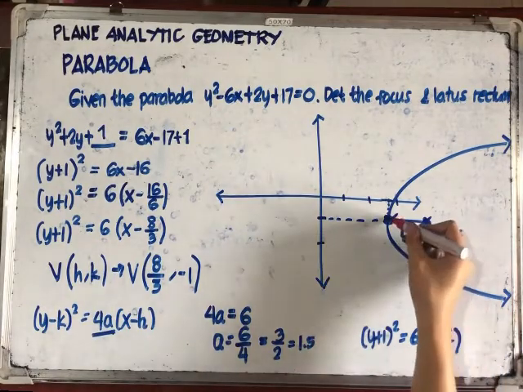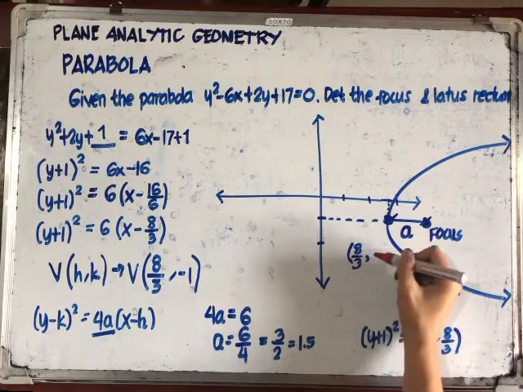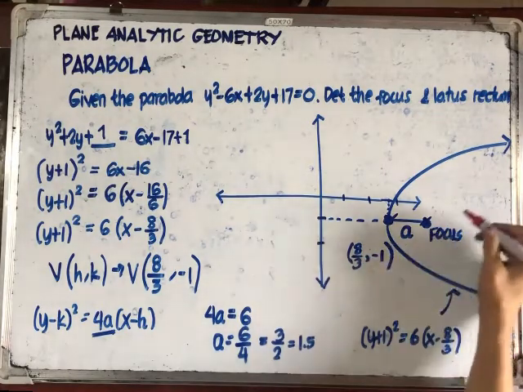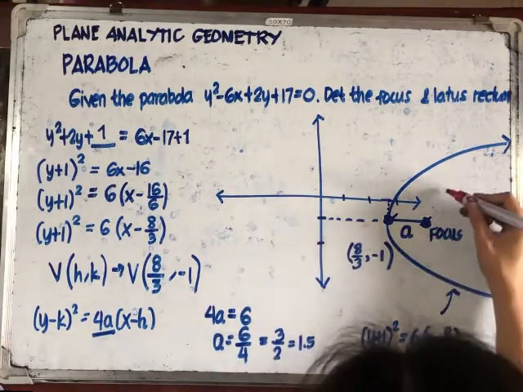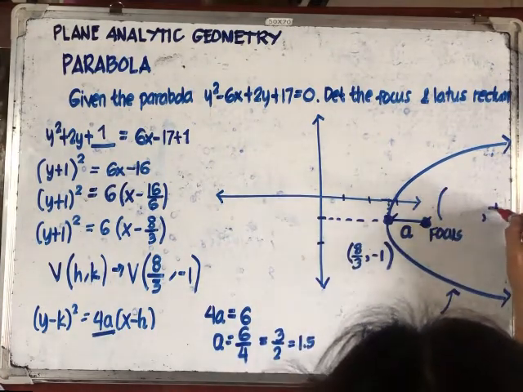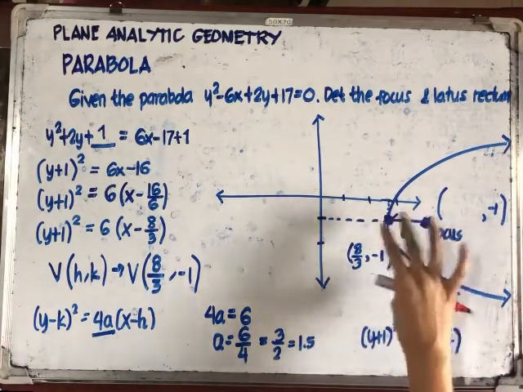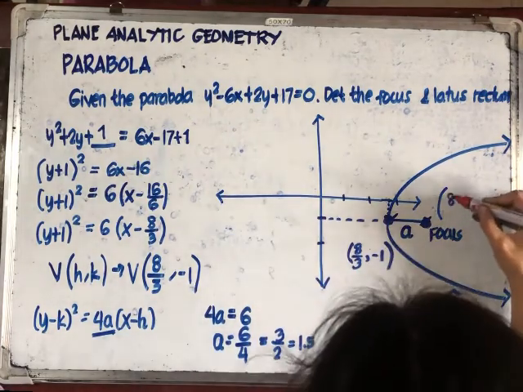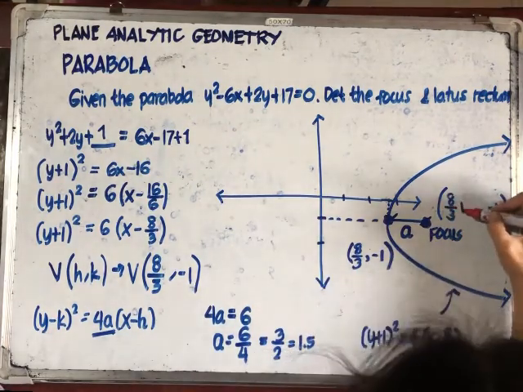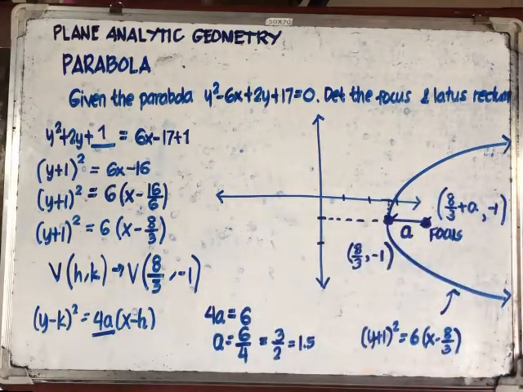So, if itong point na to is defined by 8/3, -1, okay, how could we determine the focus? Surely, ang focus natin, ano din siya, di ba? -1 din ang kanyang magiging y coordinate kasi magmo-move ka lang naman to the right. So, meron tayong 8/3 plus a distance, plus a distance tayo kasi we are moving to the right.